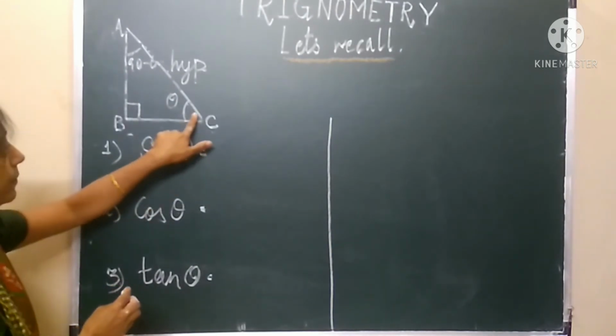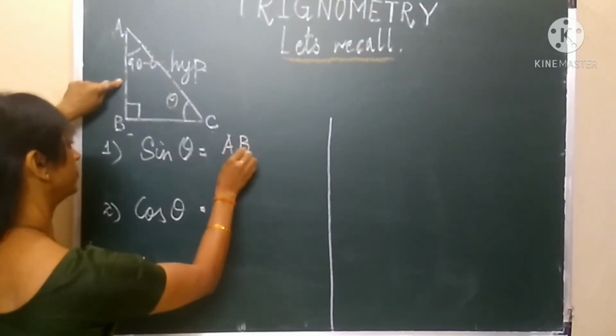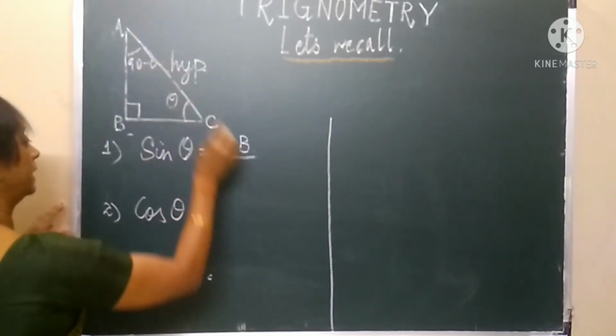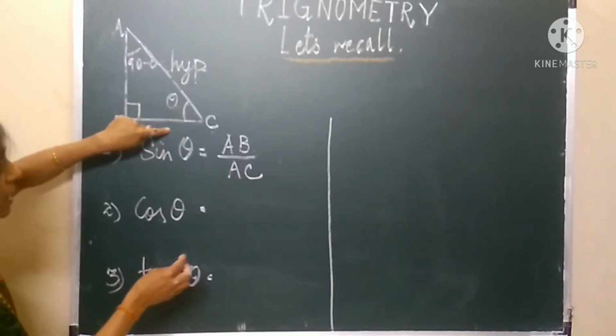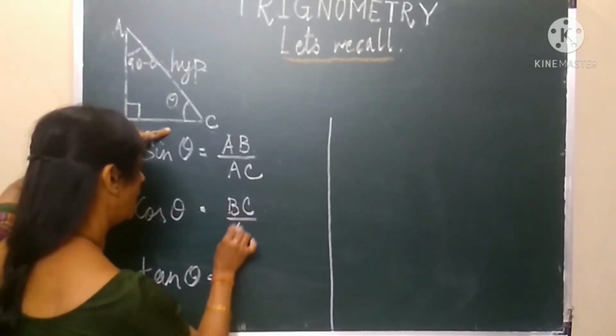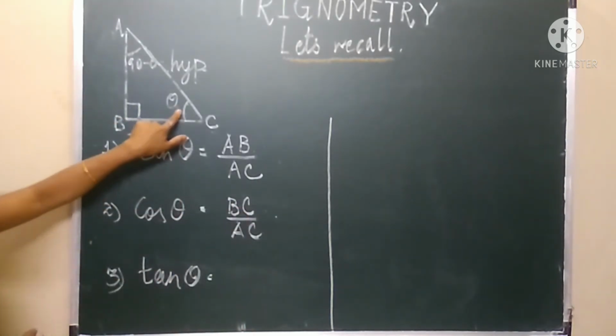What was sine? Opposite side upon hypotenuse, that is AC. Cos of the same angle was adjacent side upon hypotenuse. And what was tan of the same angle?